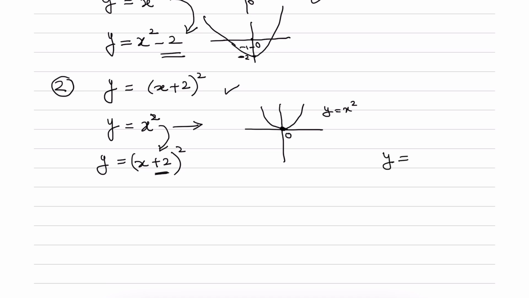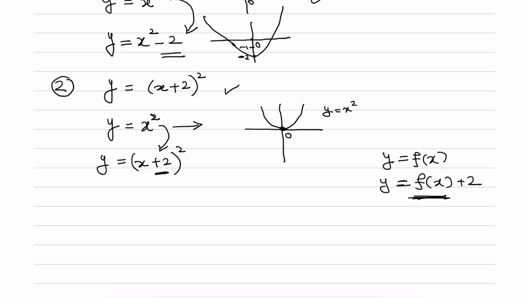Remember in the previous example, when we had y equal to f of x and we had to sketch the graph for f of x plus 2, then we shifted the graph 2 units upwards because 2 was being added in the complete function f of x.